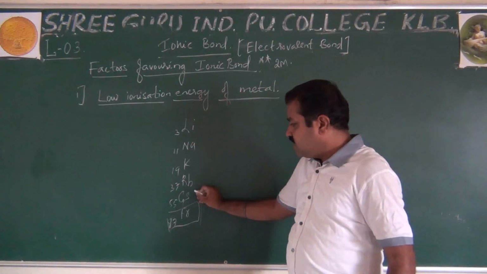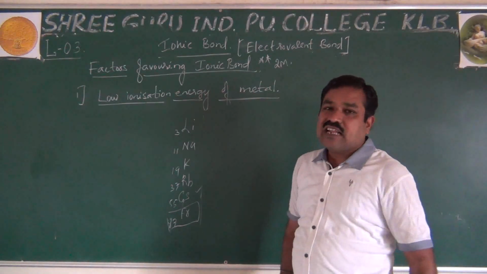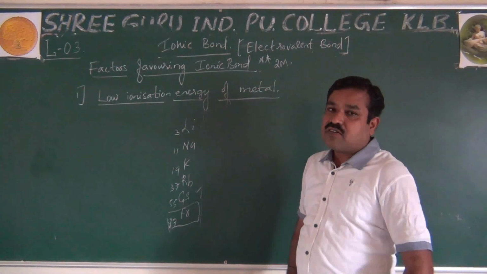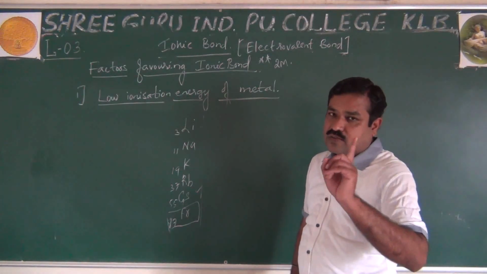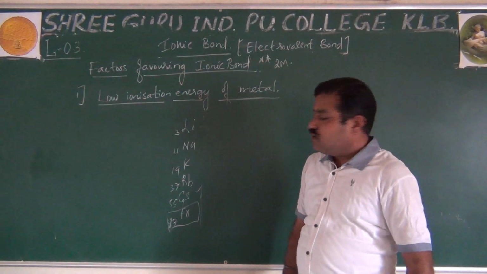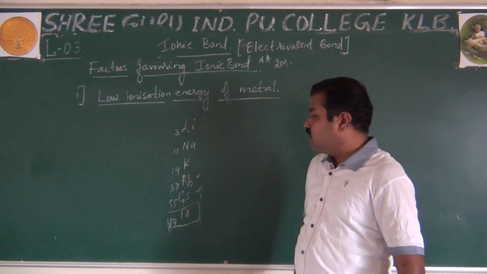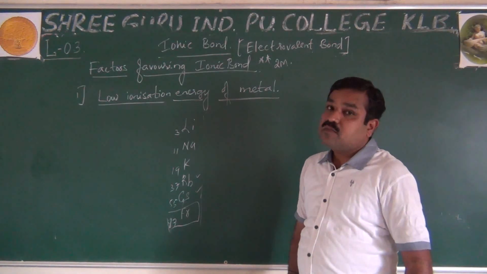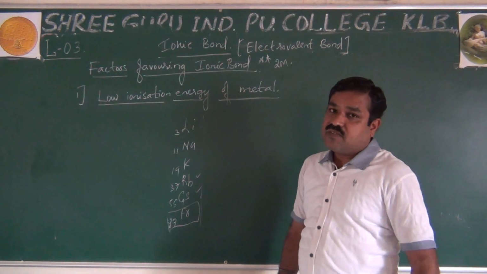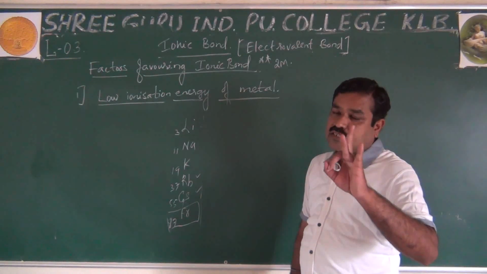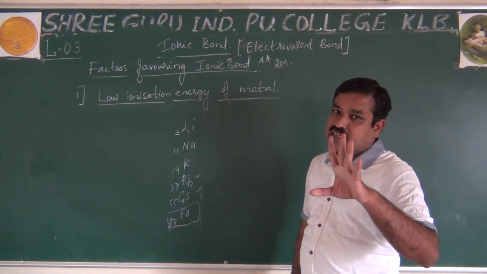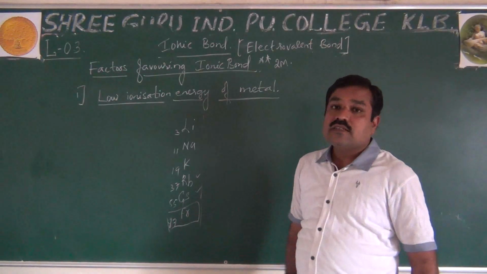If light falls on cesium, electrons are ejected out. As I told you in atomic structure, rubidium and cesium show the photoelectric effect by forming Rb plus and Cs plus, because the general electronic configuration of alkali metals is ns1. They can lose one electron easily, not lithium but cesium.